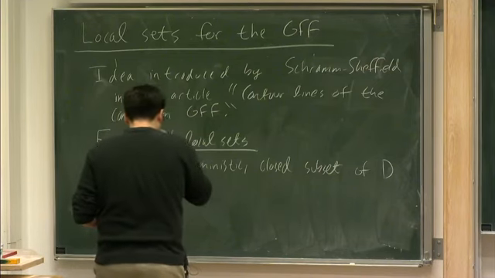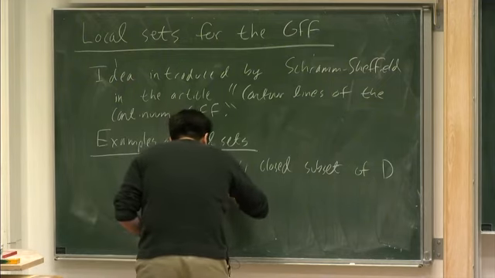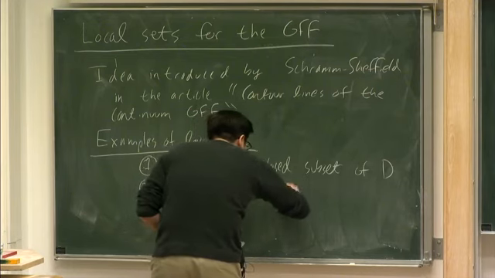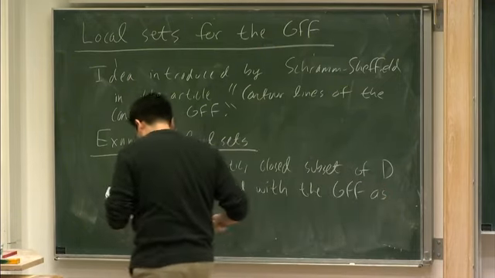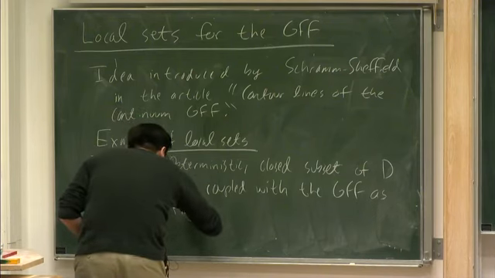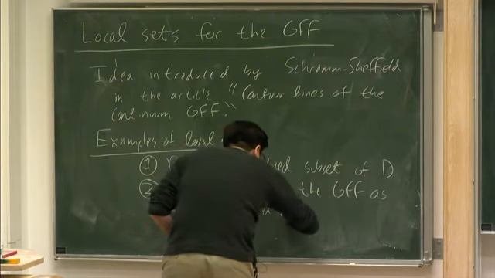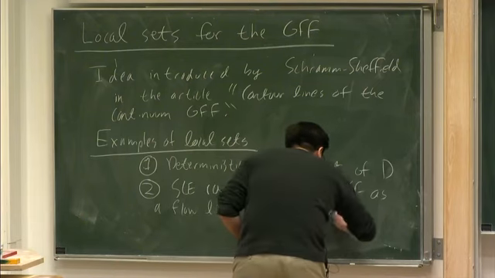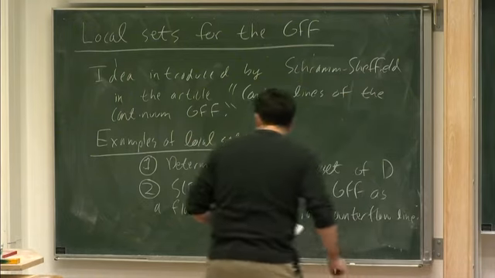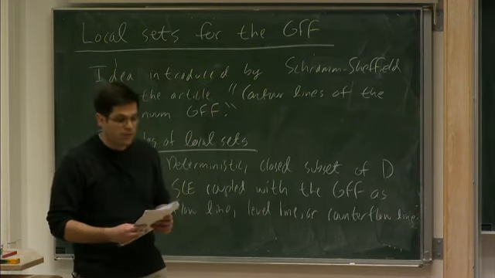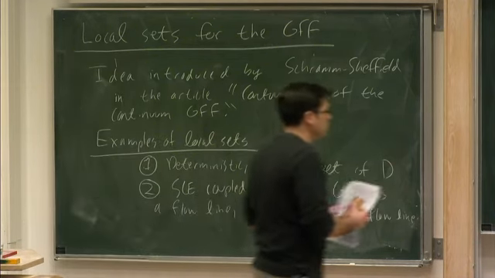Another example in which the set is random is one of these SLE curves coupled with the Gaussian free field as a flow line, level line, or counterflow line, depending on the value of kappa. This will give you a random set which is local for the Gaussian free field. All right. And how should you think of local sets?